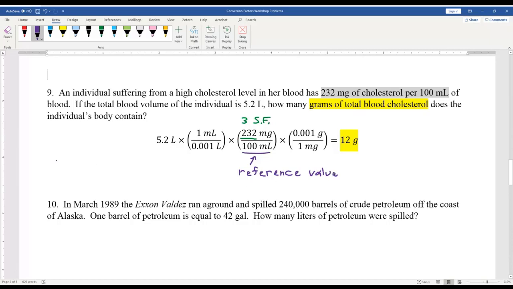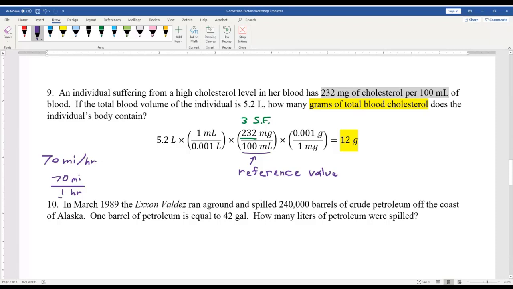So for example, if you were traveling at 70 miles per hour, and I wrote that as 70 miles over 1 hour, that would be its conversion factor form.